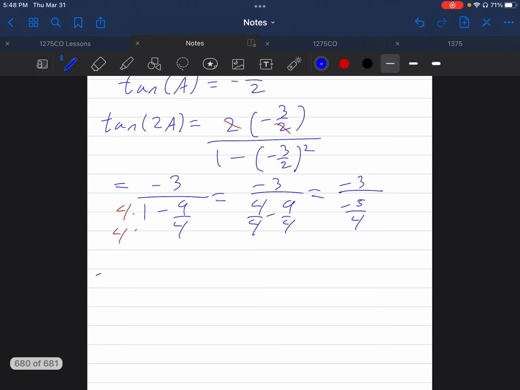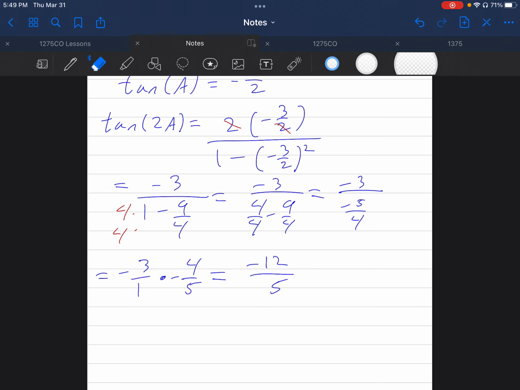Complex fraction means we can keep, change, flip. Keep negative 3 over 1, change to multiplication, and flip that second fraction, get the reciprocal, so negative 4 over 5 over here. And multiply this together, so the numerator is negative 12, the denominator is equal to 5.